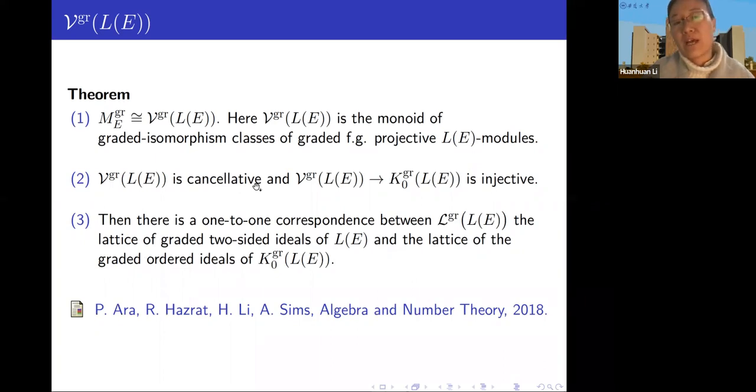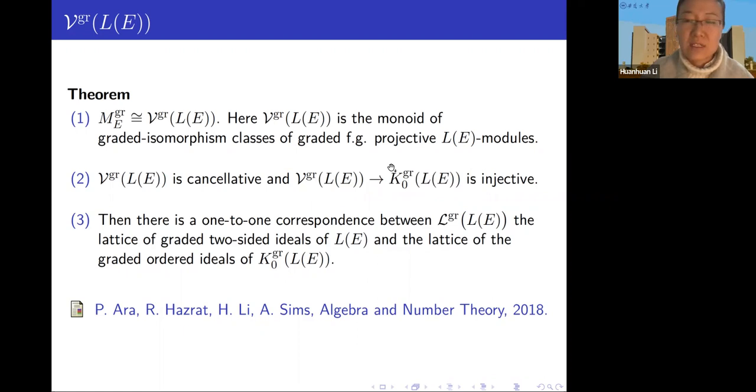That means for elements, if x plus z is equal to y plus z, then we can cancel z, so that x is equal to y. If it's cancellative, then the map from this monoid to the group completion is an injective map.